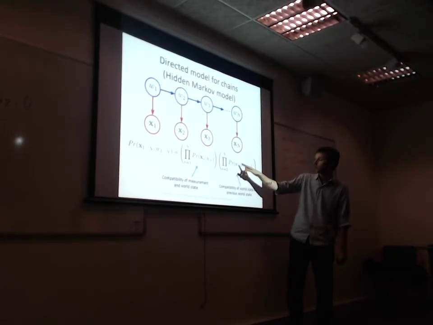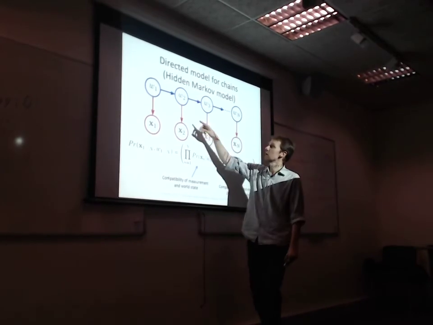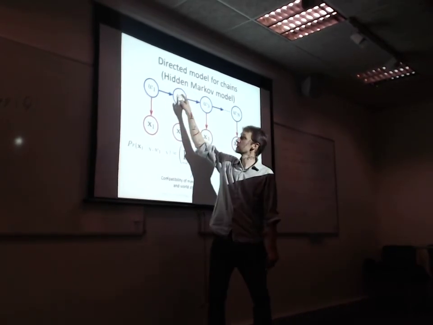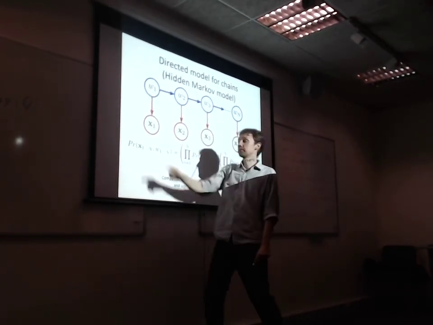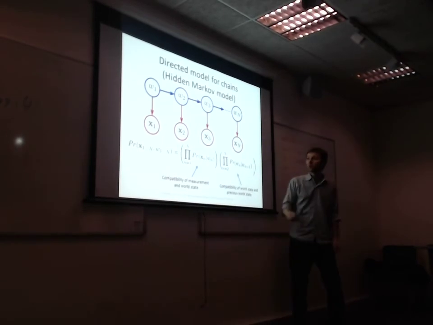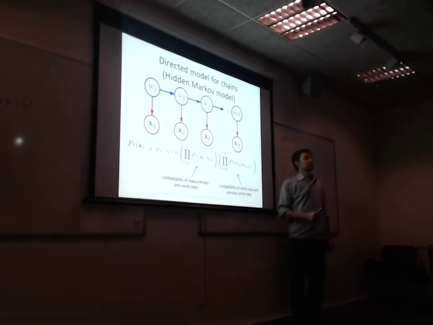Sorry, we haven't moved to potentials. Probability of w_n given w_n minus 1. So can you spot what's missing here? There's a hint.